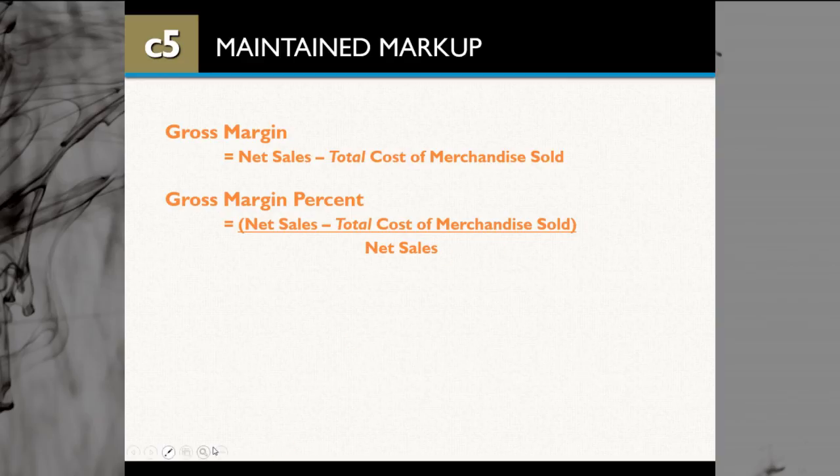So you get a different percentage. Your gross margin percentage and your maintained markup will have a little bit of difference. But imagine that if you don't have any alteration cost involved, or any cash discount, then your gross margin percentage and your maintained markup will be the same.